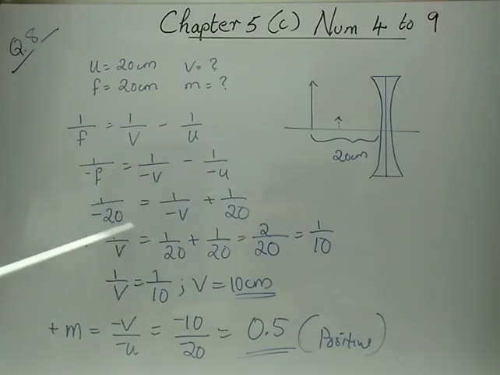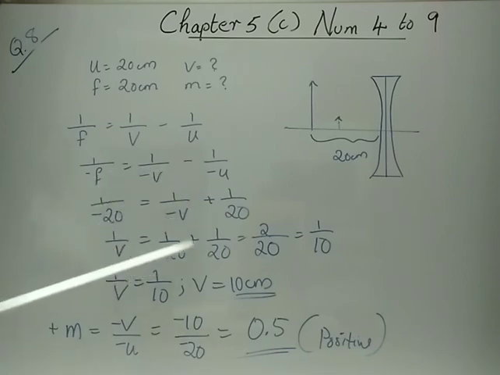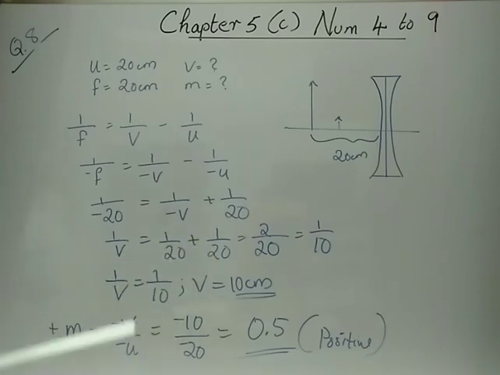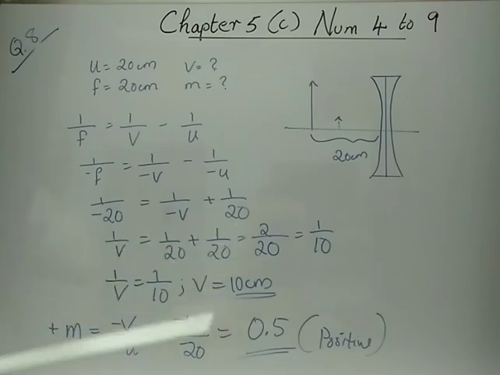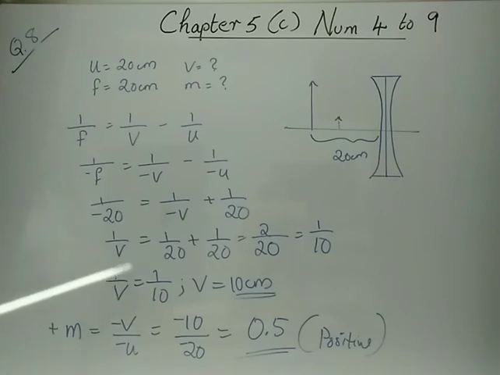So we will get 1 by V equals 1 by 20 plus 1 by 20. Since the denominators are the same, you can add the numerators. So 1 plus 1, 2 by 20 equals 1 by 10. So 1 by V is 1 by 10. Take the reciprocal on both sides, V is equal to 10 centimeter.